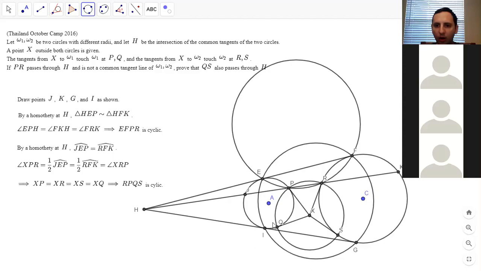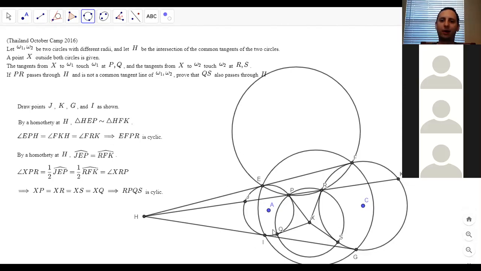SQEF are cyclic too. Yeah, okay, so I don't think we can use it right away. You're right. Yeah, we will use angle chase to prove that. Okay, so we need to prove angle EQS plus angle EFS are 180, right?